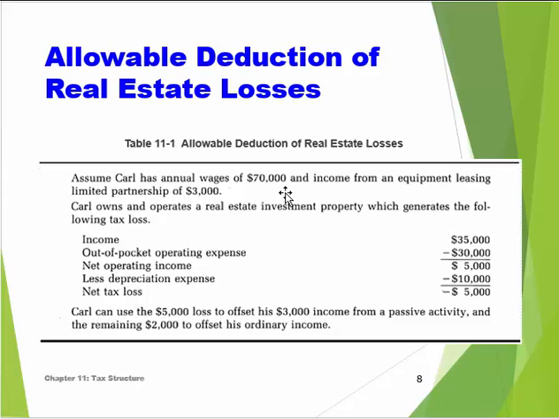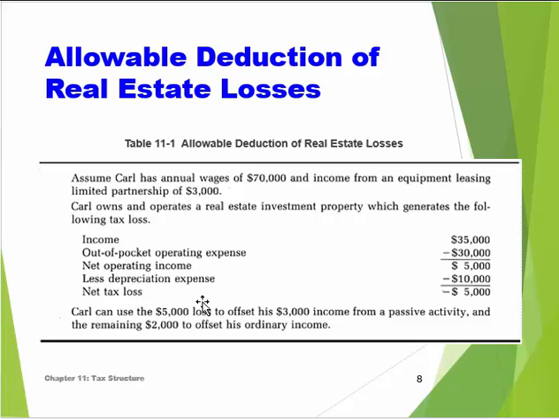So how do we look at this deduction for real estate losses? Here we have a person who has $70,000 in wages. They have a limited partnership of $3,000, and they own and operate a real estate investment property that generates a tax loss. Their real estate property loses $5,000 this past year.